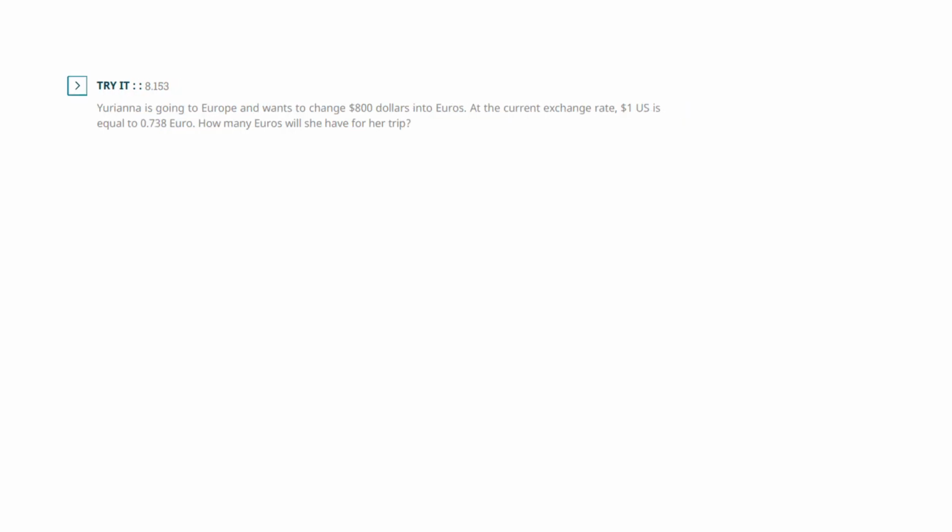This is all the same here, but I'll do these last ones if you want to see it, or pause it if you want to try. So what are we doing? We are doing euros to dollars. So 0.738 euros is $1. Okay, so just be careful where it is. Use your chart.